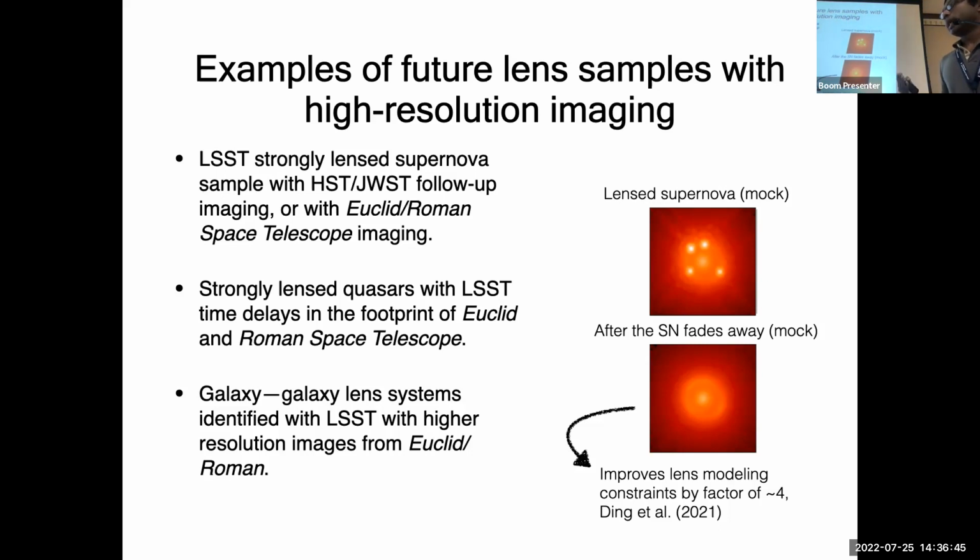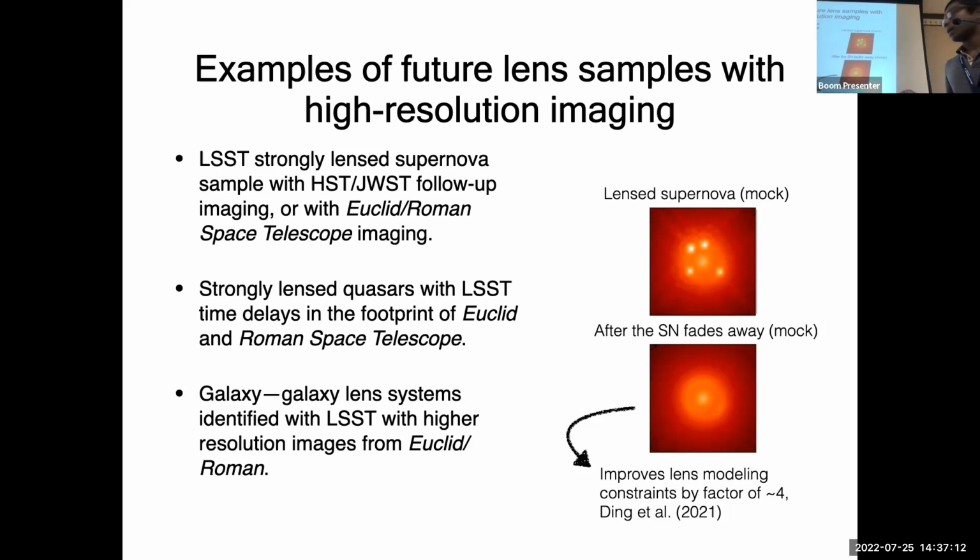The reason is that to really constrain the lens model parameters to the precision that we want, we need high resolution imaging with a very stable PSF. One nice advantage of having a strong lens supernova over a strong lens quasar is that after the supernova fades away, we only end up with a galaxy lens system.